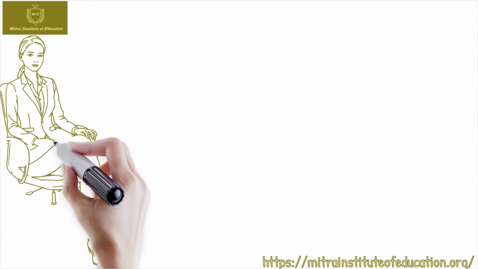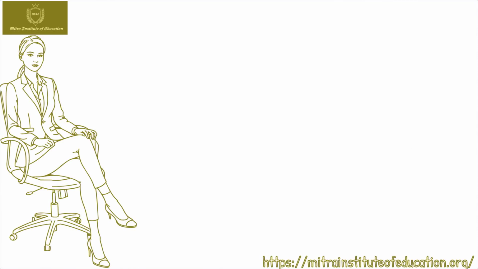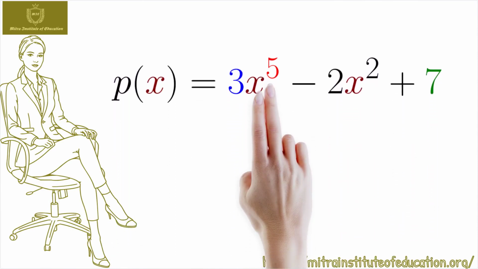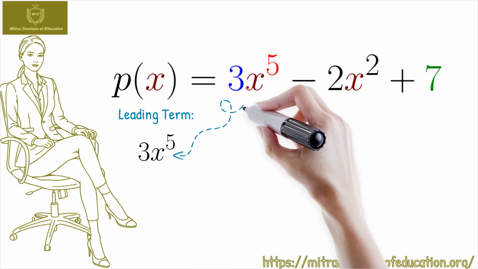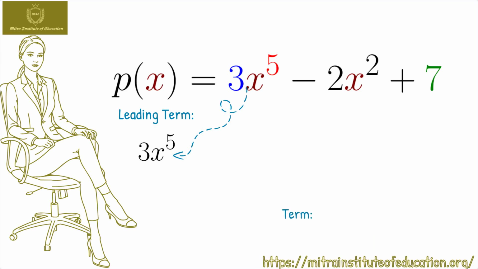A term is a part of a polynomial, separated by a plus sign. For example, in the expression 3x to the power of 5 minus 2x to the power of 2 plus 7, the terms are 3x to the power of 5, negative 2x to the power of 2, and 7.